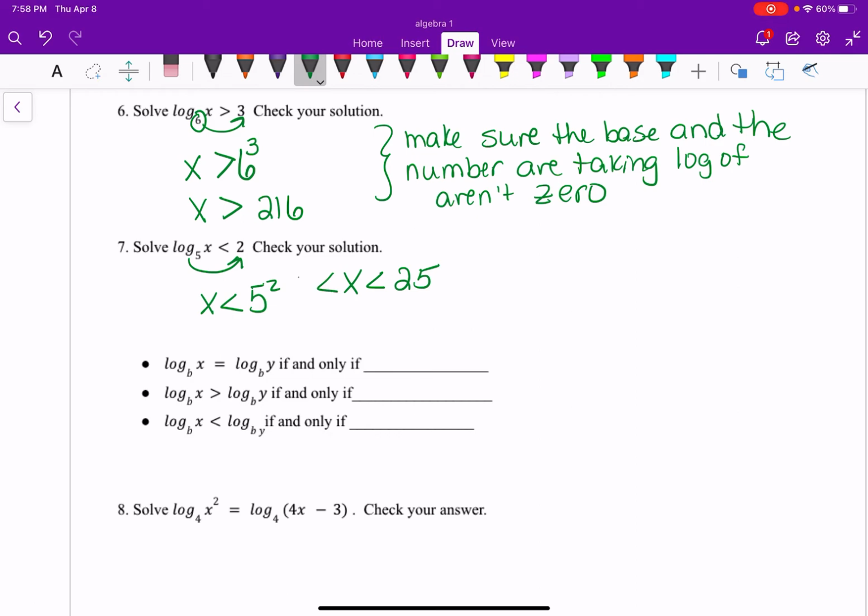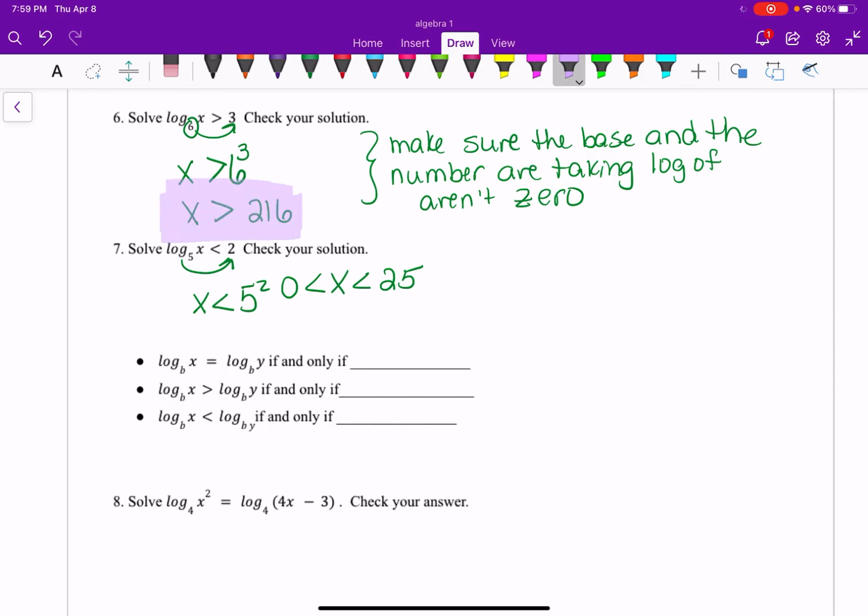And so we have to say x is greater than 0. Okay? We didn't have to say that one here because we already had x is greater than 216, which is greater than 0. But down here, we have to bound it by the 0. We can't take the log of a 0. And so we have to say x is greater than 0 because the domain is all positives. So you got to make sure x can't go below 0.